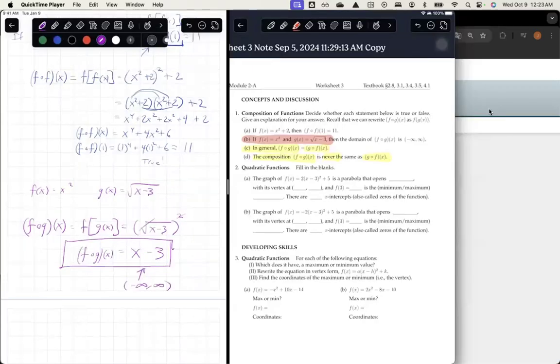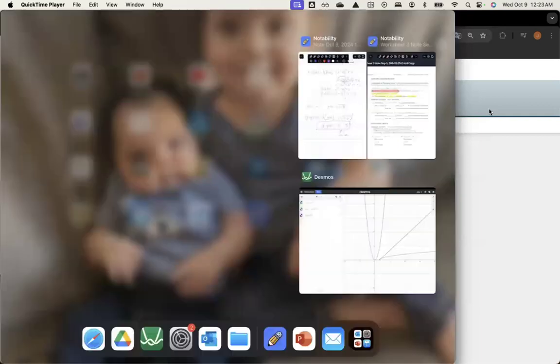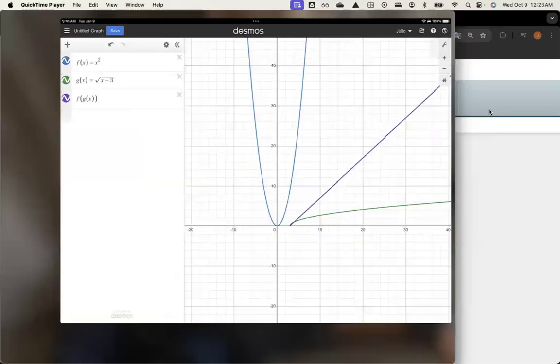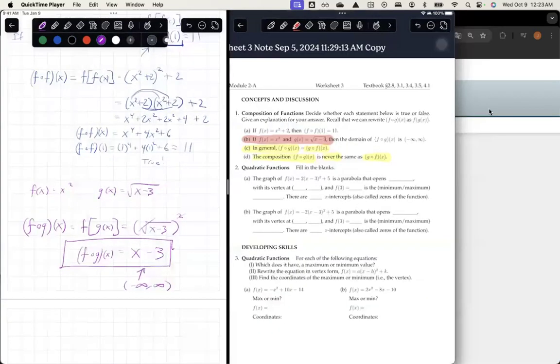That's what the claim is in part B. Or is it something else, like 3 to infinity? And so if you think it's negative infinity to positive infinity, you mark true. If you think it's something else, you mark false. And then we want to give a little explanation for why the domain is either negative infinity to positive infinity or something else. Okay, so big hint there.